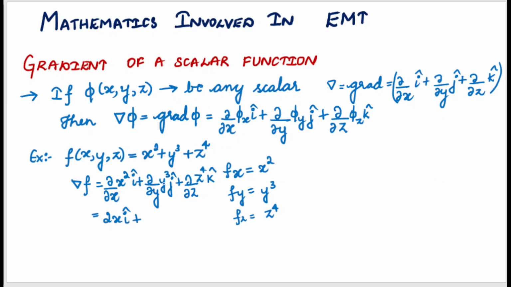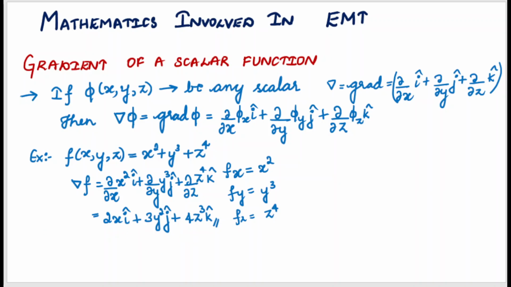So partial derivative of y cube with respect to y is 3 times y square into j cap plus partial derivative of z to the power of 4 with respect to z is 4 times z to the power of 3 k cap. So this is the solution for gradient of a phi function or an f function equal to x square plus y cube plus z to the power of 4. This is the solution.